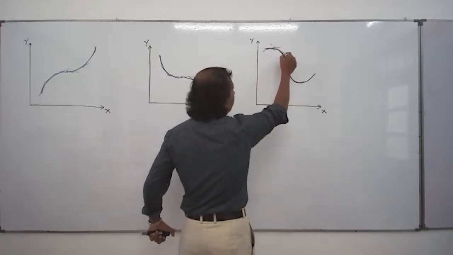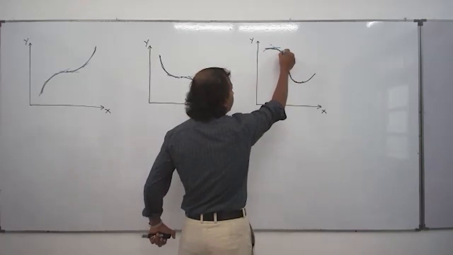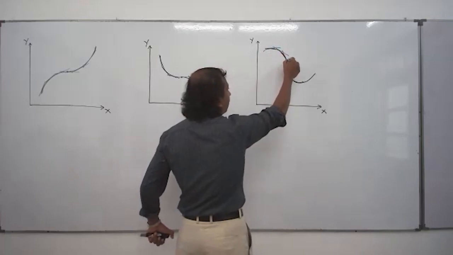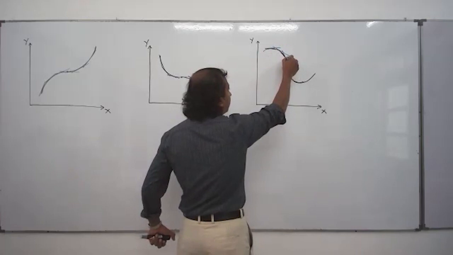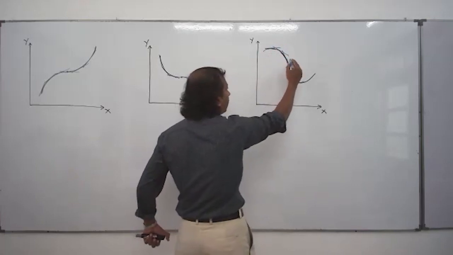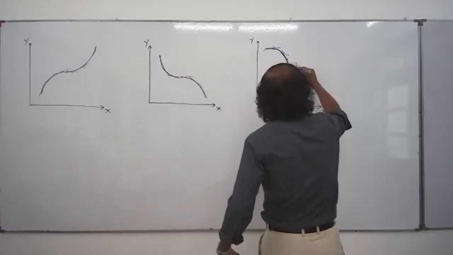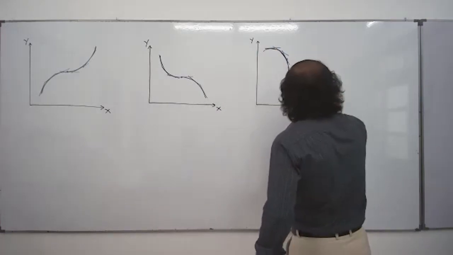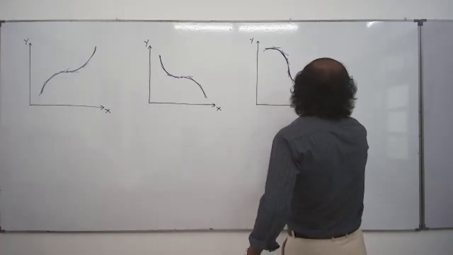Here, when we keep drawing the tangents like this, people, you can see on one occasion the tangent crosses the graph. Here, the tangent crosses the graph. After that, here, tangents like this.